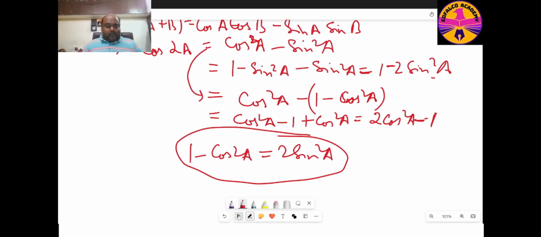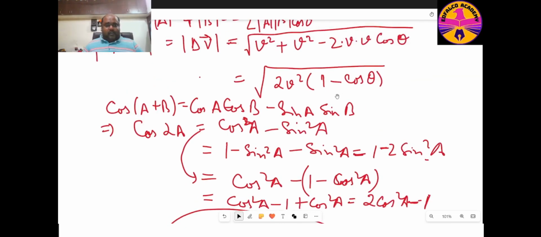So if I substitute this same thing in 1 minus cos theta, I'm going to get basically the root of 2v square into 2 sin square theta by 2, right?